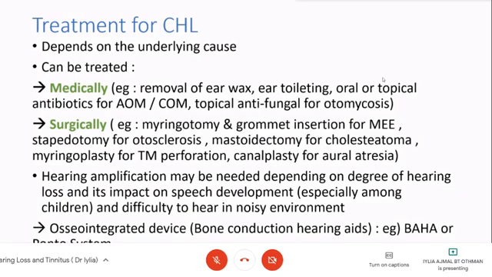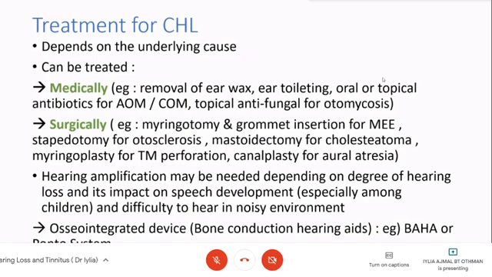However, bear in mind for myringoplasty in tympanic membrane perforation, the main aim for this surgery is not to make the hearing better. It's actually to make the ear safer. Okay, because when there's a perforation in the tympanic membrane, the middle ear and the inner structure is more exposed to the outer environment.